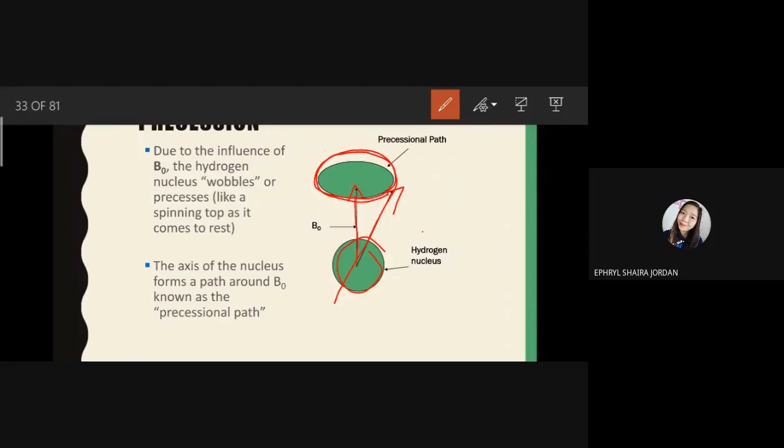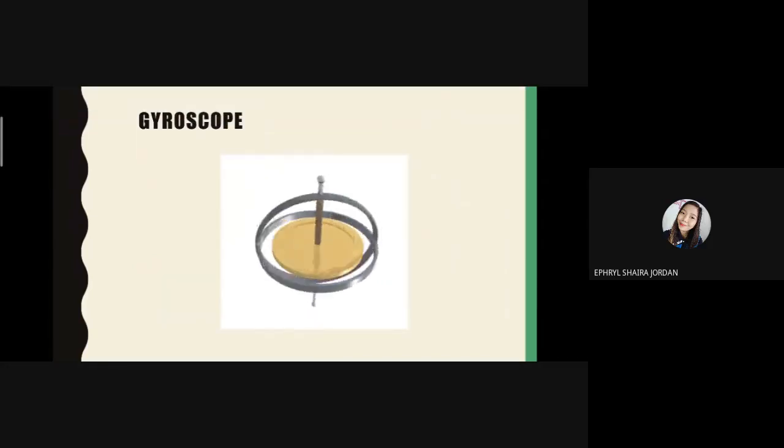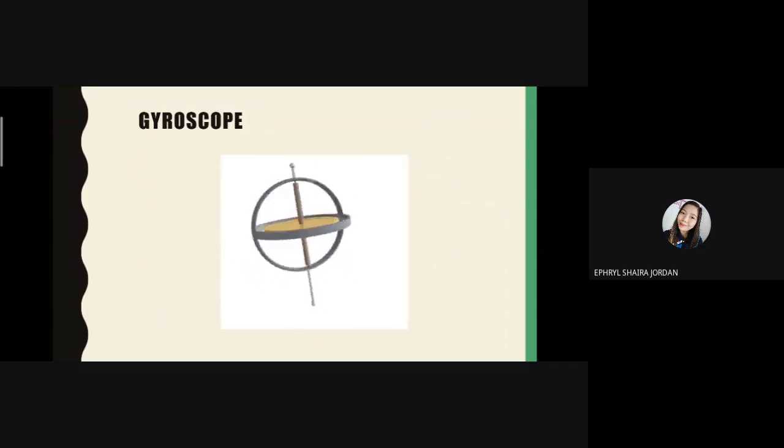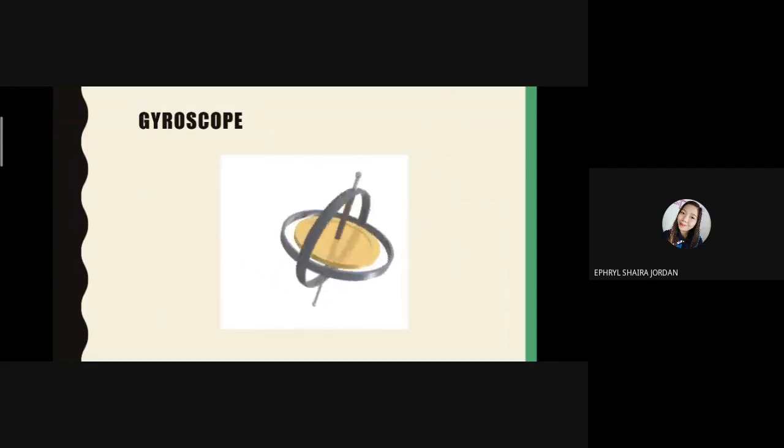The axis of the nucleus forms a path around B0, the magnetic field, which is known as the precessional path. So, itong circle sa taas, ito yung path ng pag-ikot ng iyong hydrogen nucleus or hydrogen proton. Just like a gyroscope or a spinning top, parang ganyan din ang pag-ikot ng hydrogen proton.